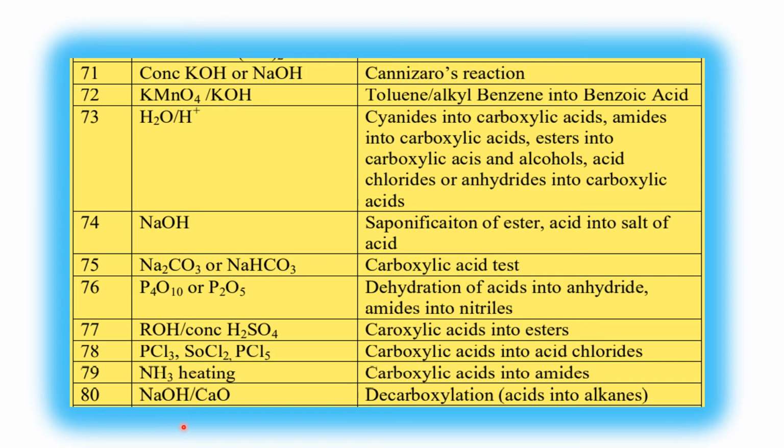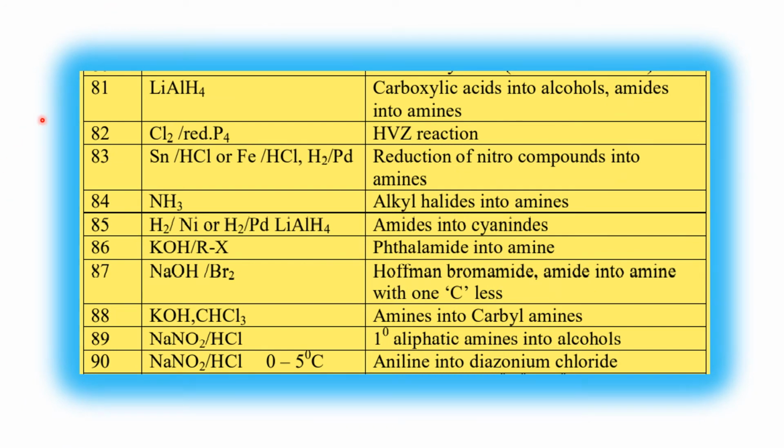Sodium hydroxide with CaO gives decarboxylation, that is acids into alkanes. Here LAH, lithium aluminum hydride, converts carboxylic acid into alcohol and amide into amine.